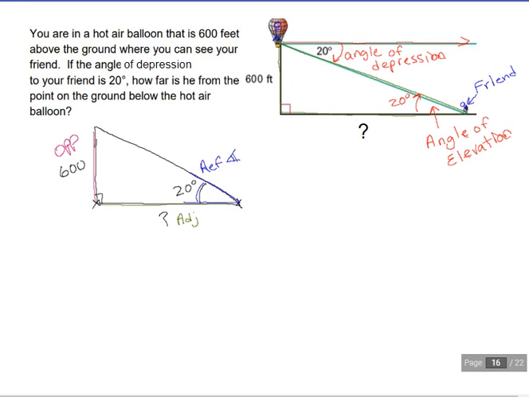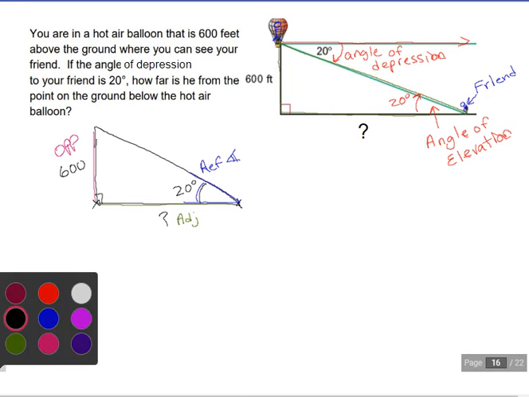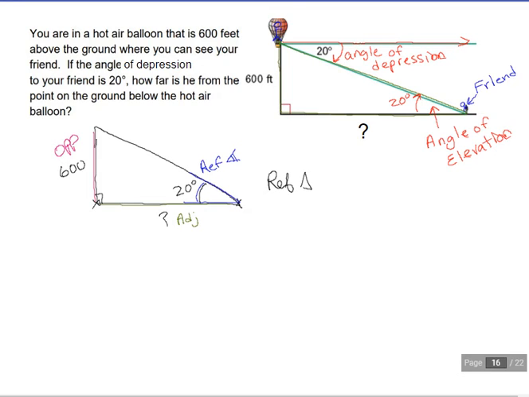So I know my reference triangle ratio is going to be equal to my actual triangle ratio. I have O and A to work with, so that's going to be my ratio, O over A. And it should be the same for both my referencing information and my actual information.